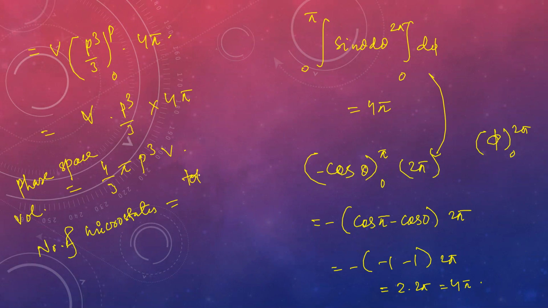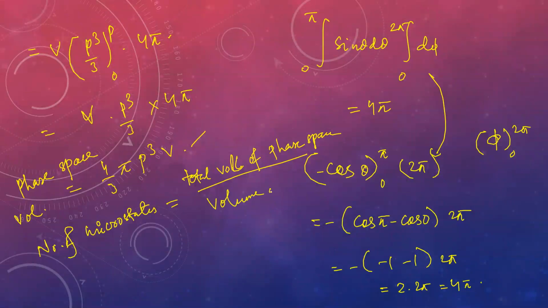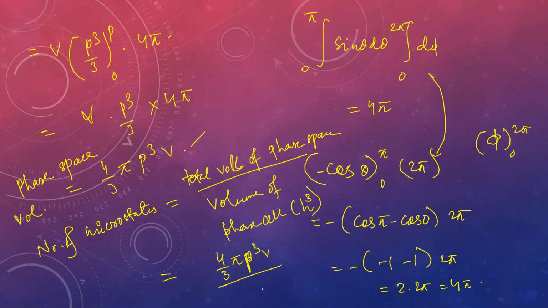So the volume of phase space is this one, 4 by 3 pi pq V, and the volume of phase cell is hq.